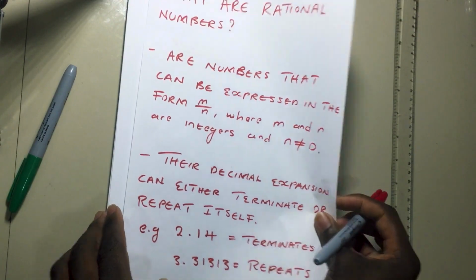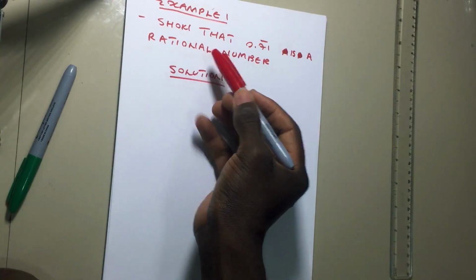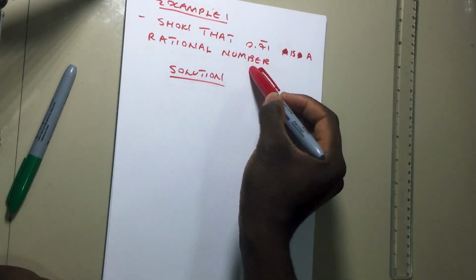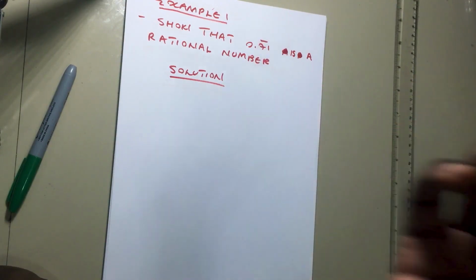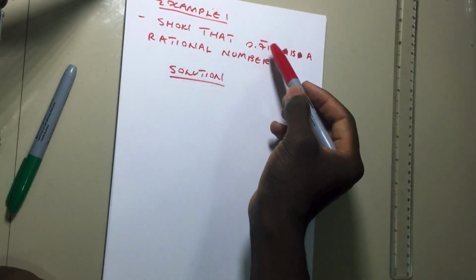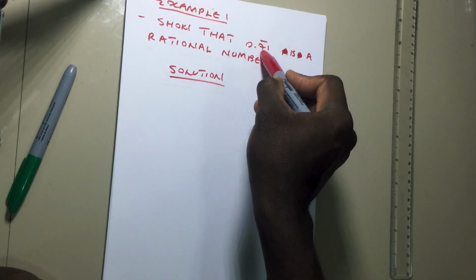Okay, to explain further on rational numbers, we have an example here which says: show that 0.71 recurring is a rational number. I'm pretty sure most of you are wondering what this bar means on top of 71. It simply means that 71 is recurring, or rather it's repeating.